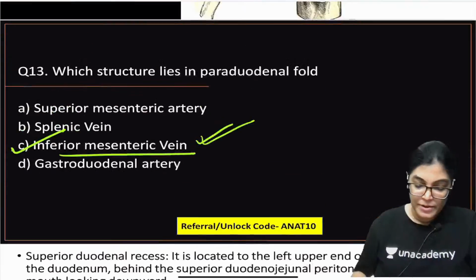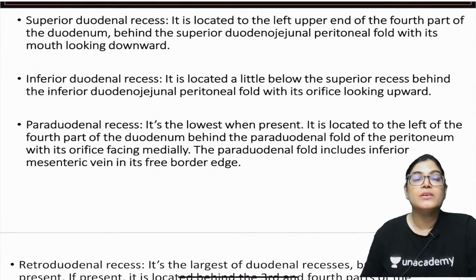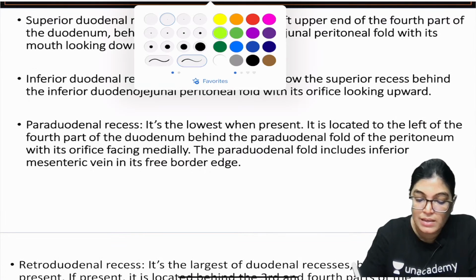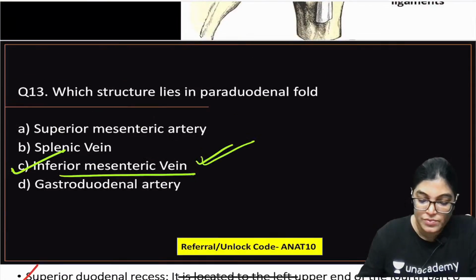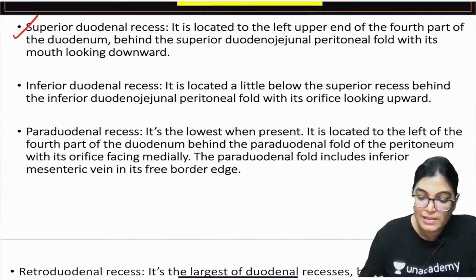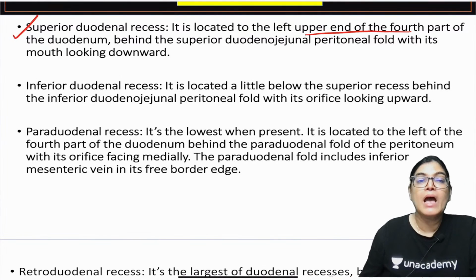Don't worry, I have written all the facts and you can revise it. Actually we have many duodenal spaces and recesses. The superior duodenal recess is located at the upper end of the fourth part of the duodenum, and its direction is looking down.